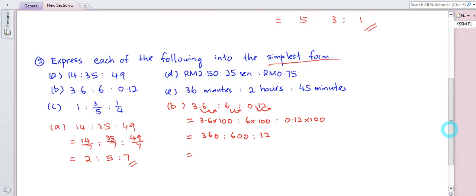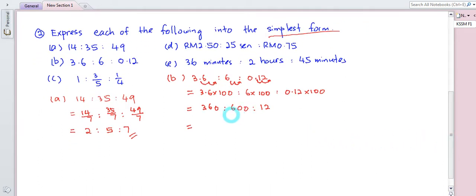Okay, so we cannot stop our answer here because they still have some common factors. So normally we will try to divide all these numbers by their highest common factor. Still remember how to find the highest common factor? You can just do it like this. HCF, highest common factor. 360, 600 and 12. All these numbers can be divided by 2, right?